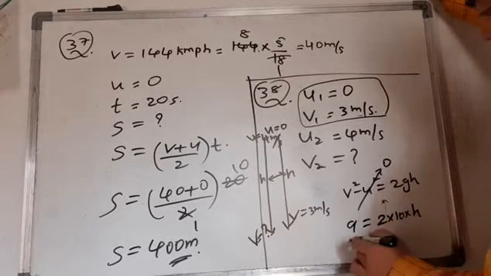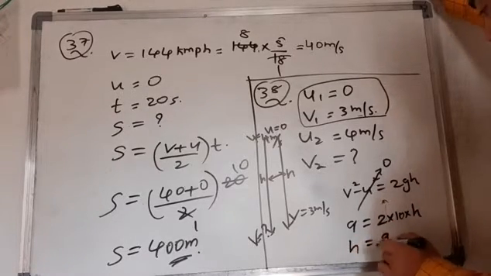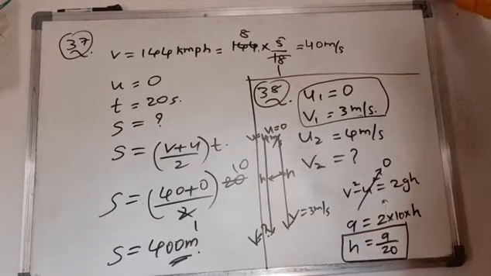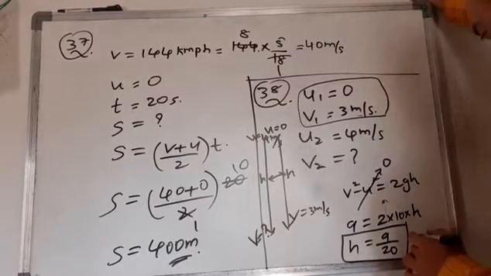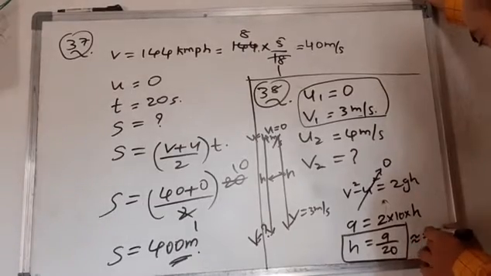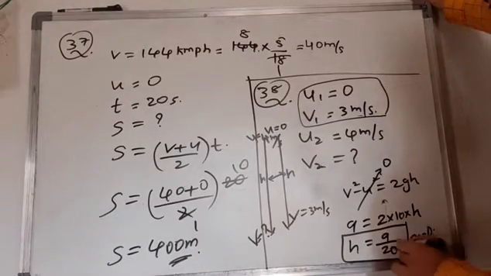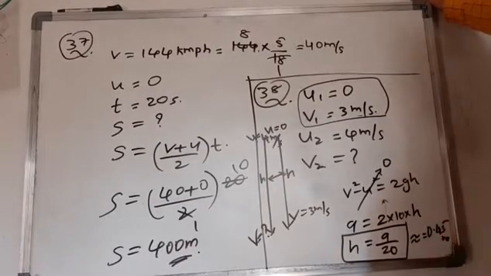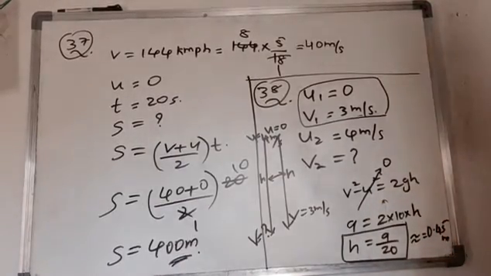So h is equal to 9 by 20. 9 by 20 you will get h. Nearly it is equal to 0.45 meters. h is equal to 0.45 meters.